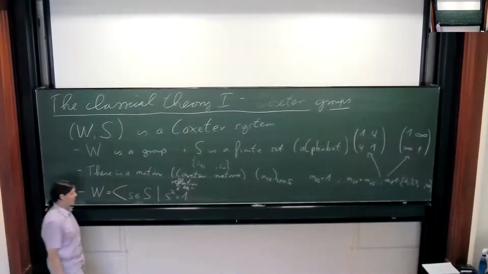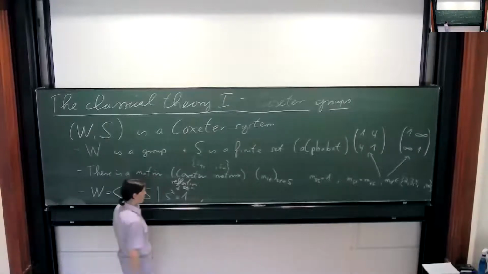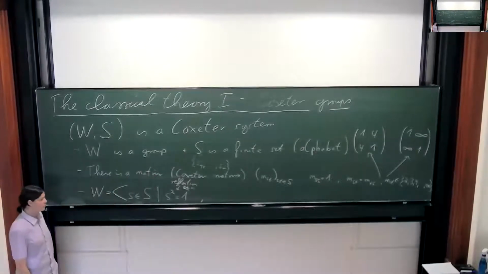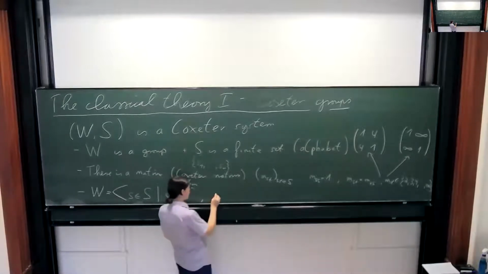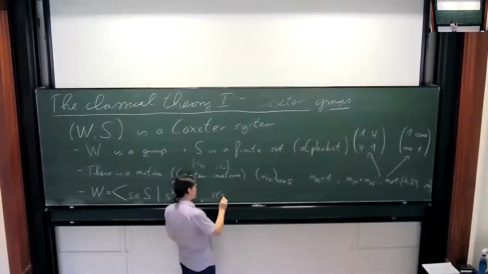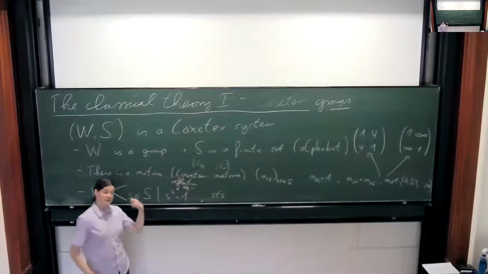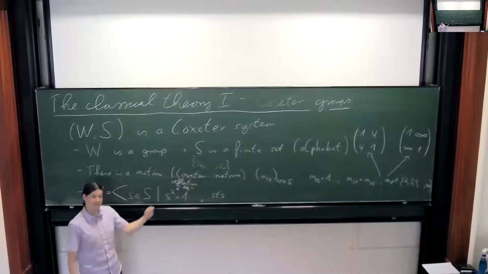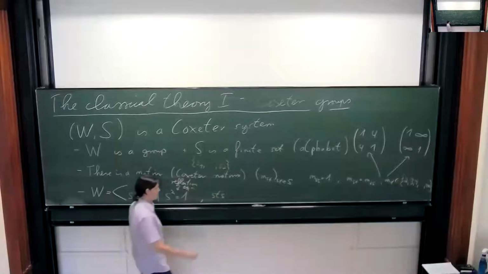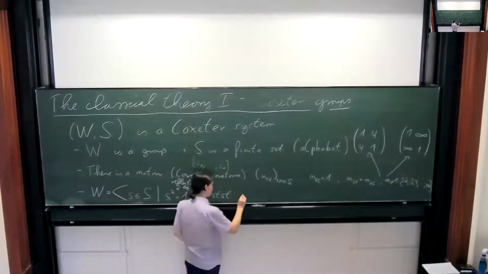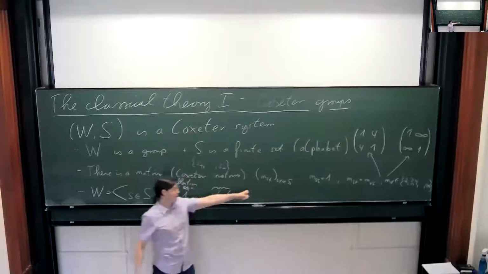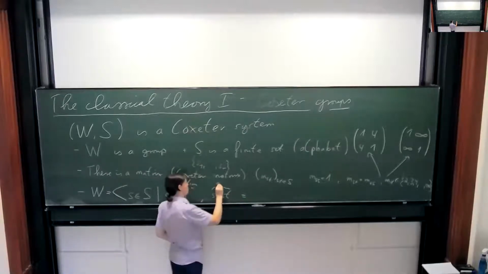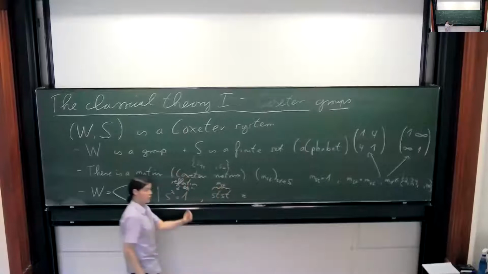And then a little bit of a funny one. So whenever I have two generators in my group, let me call them s and t, then they satisfy a relation that whenever you have an alternating sequence of them, s t s t s t and so on, of my pre-chosen length m_st, then you can turn it around.